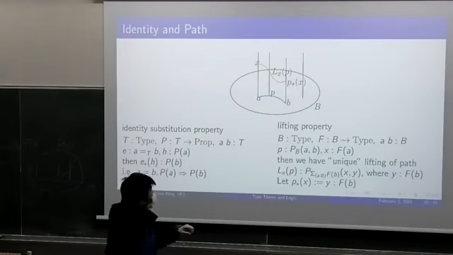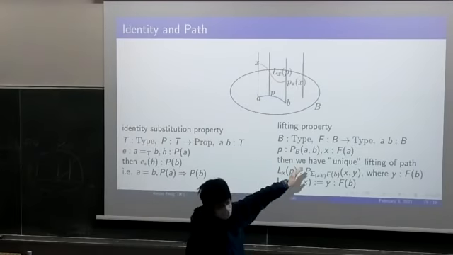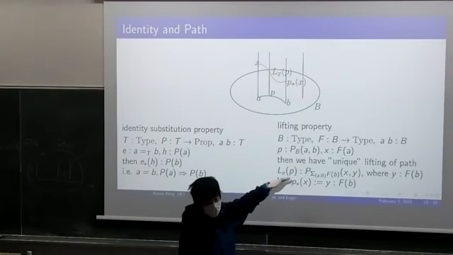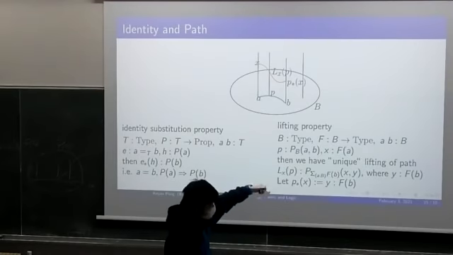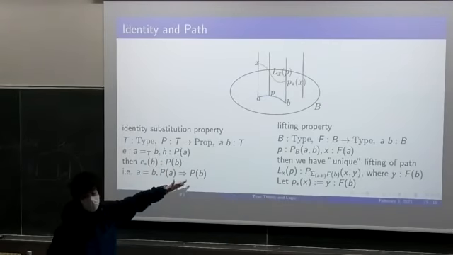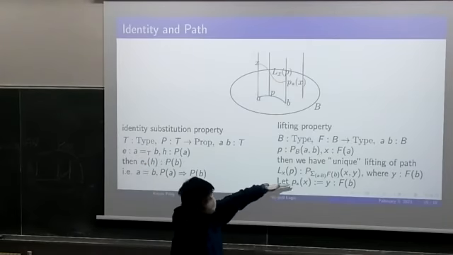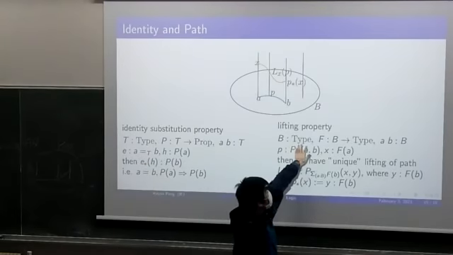It's quite interesting. The identity substituting is the same thing as the lifting property. This is also very important in homotopy type theory. This is also called path induction. But in homotopy type theory, we do not need identity substituting. We only need this, and this is fine for all types.